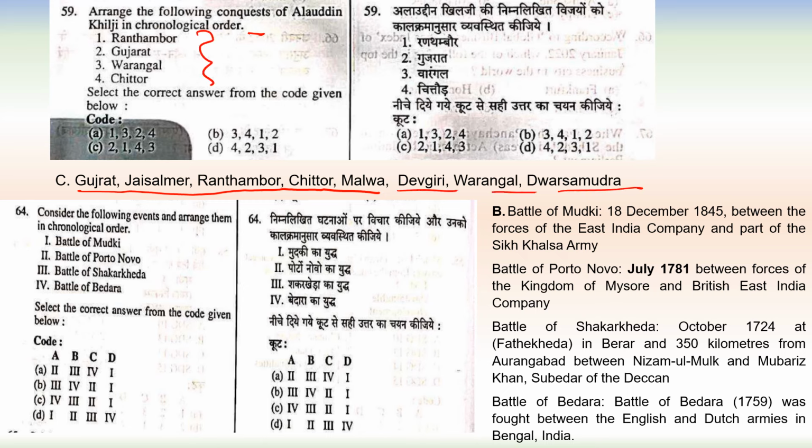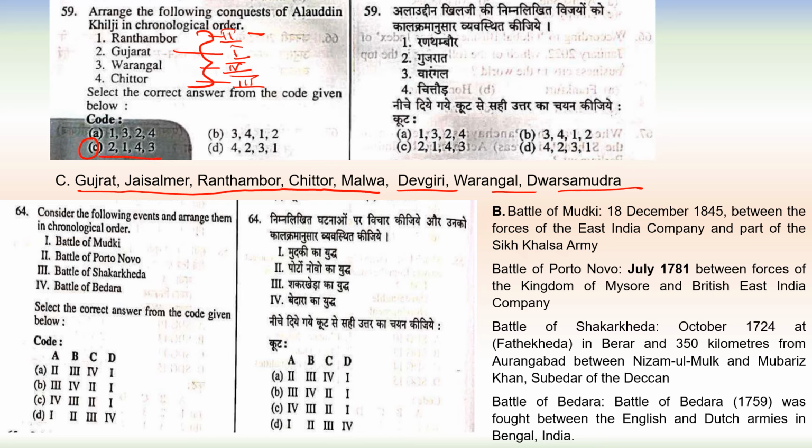So options में गुजरात first, then it is रणथंभौर, then चित्तौड़, at last it is Warangal in the option. So in this way, our option is 2143. Option C is correct here.